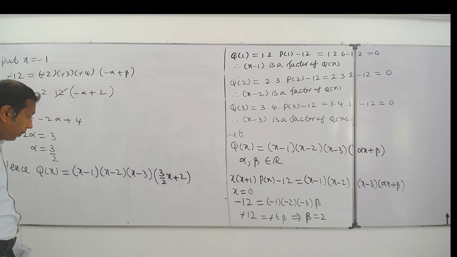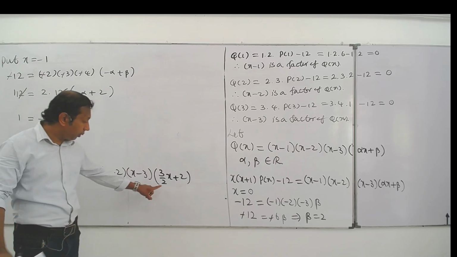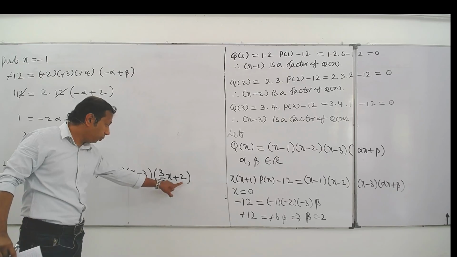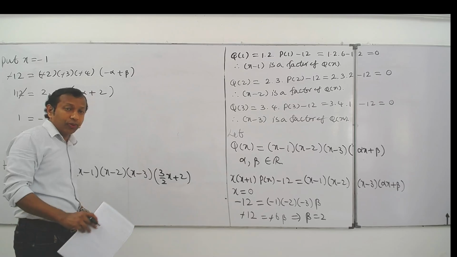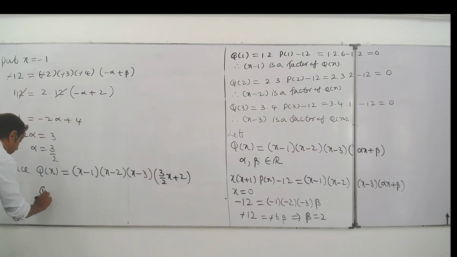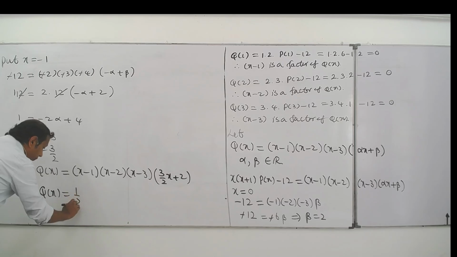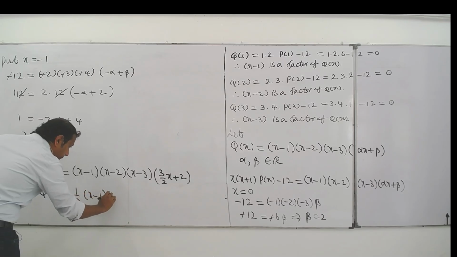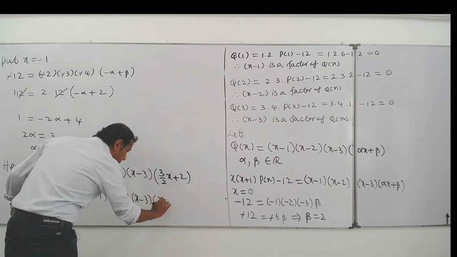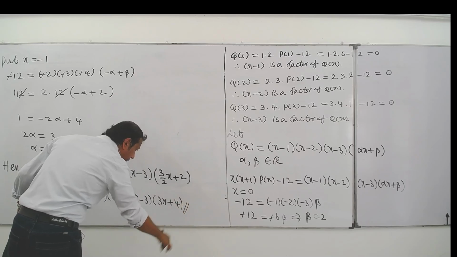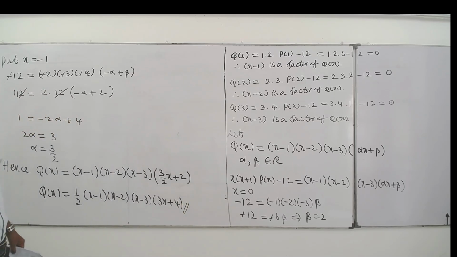Then we can keep the answer here, or else take 2 in common as a half, so this becomes 4. Then the half you can write before, like this: q x is equal to half x minus 1, x minus 2, x minus 3, 3x plus 4. This way we can find q x.